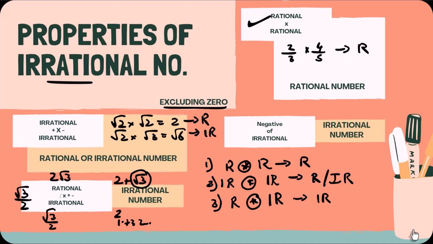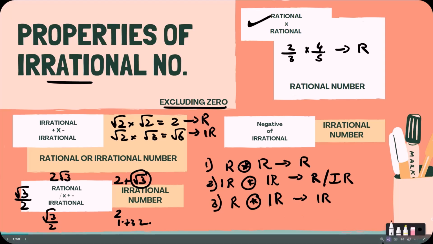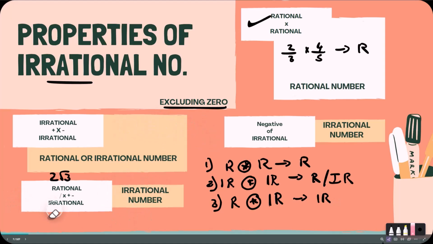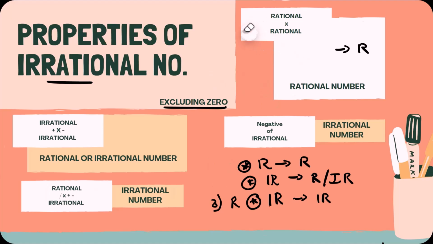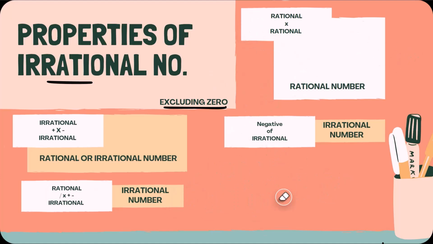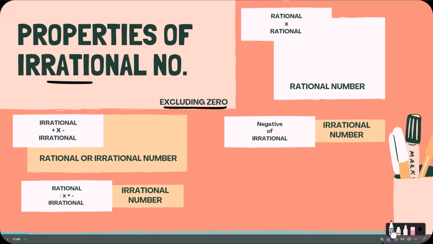So always remember that whenever you see rational and irrational with any operation taking place, rational with irrational will be an irrational number. Just one thing: rational, you do any operation with an irrational number, you will always get an irrational number.